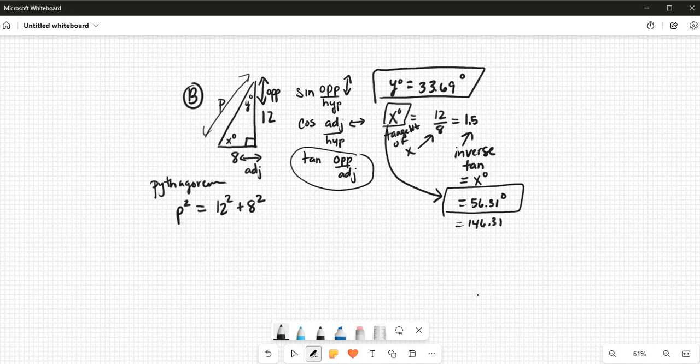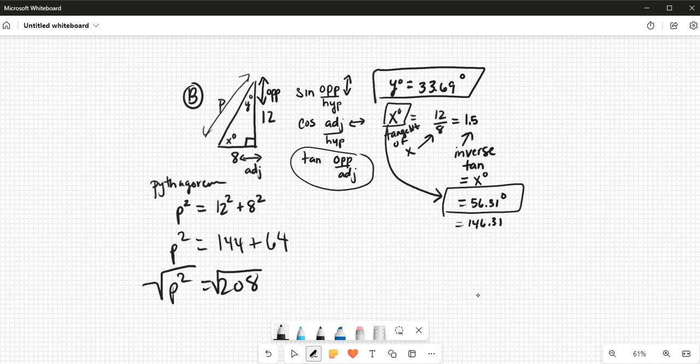Okay, so P squared is equal to 144 plus 64. 144 plus 64 is 208. Find the square root of both sides. So we're going to factor it.